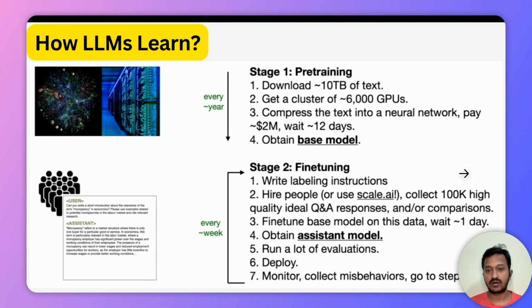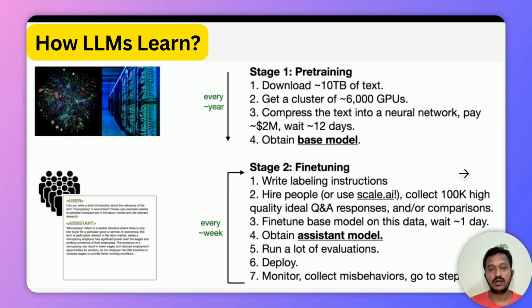You get a cluster of 6,000 GPUs because you need computation power to train the model. Then you compress the text into a neural network, pay around 2 million, and wait for 12 days while the neural network learns everything from the 10 TB of text using the computation power we have given, 6,000 GPUs, and then you obtain a base model.